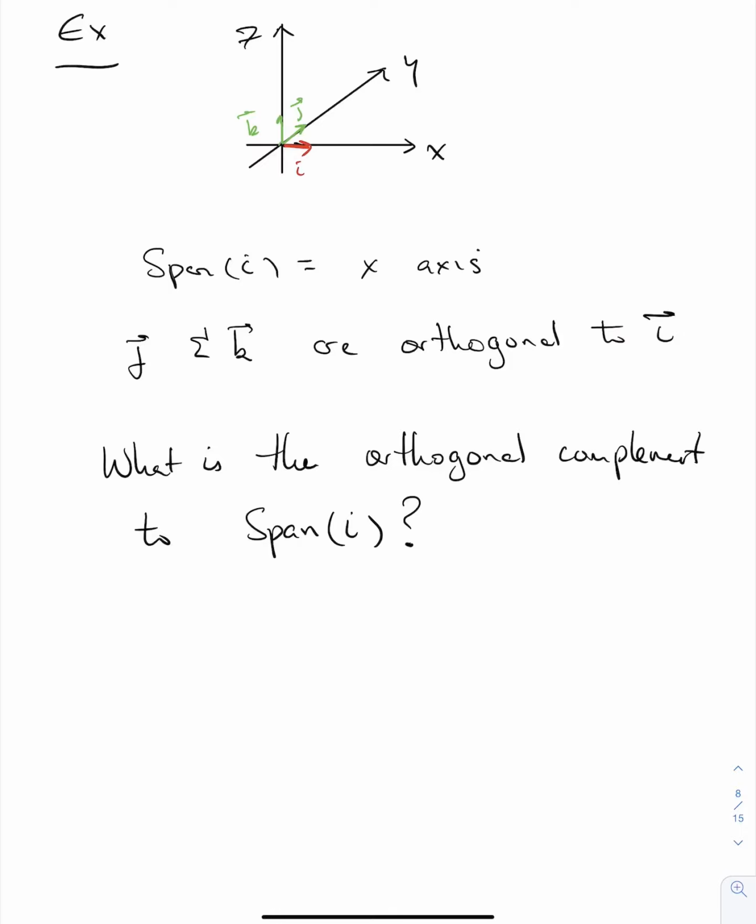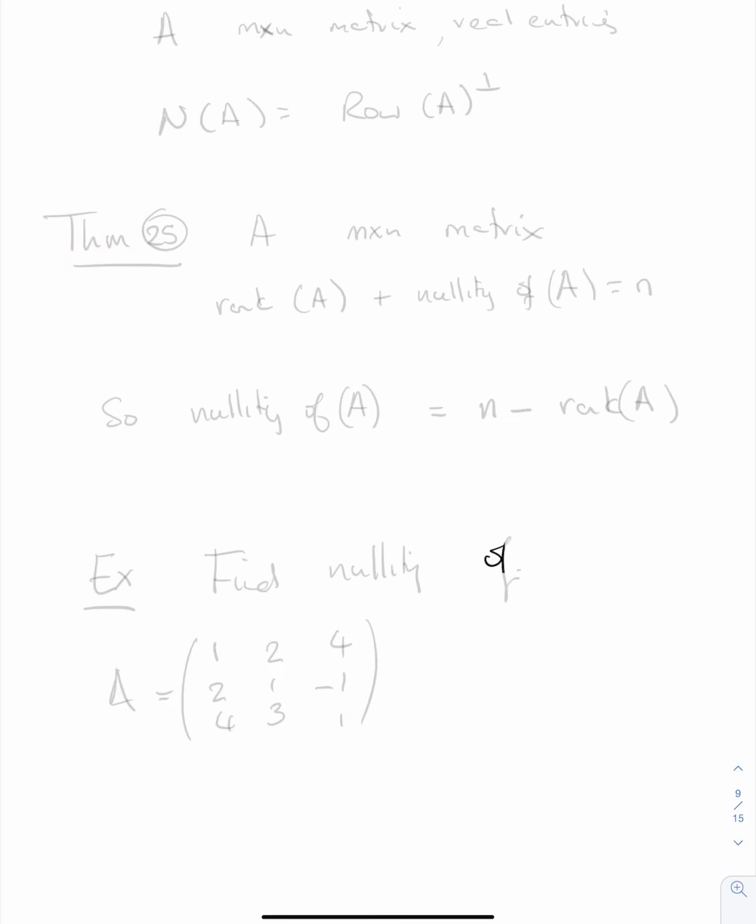Okay. All of this is to say, if A is an m by n matrix, real entries, the null space of A is the orthogonal complement of the row space of A. And so we can talk about the Euclidean vector space version of the rank-nullity theorem. A is an m by n matrix.